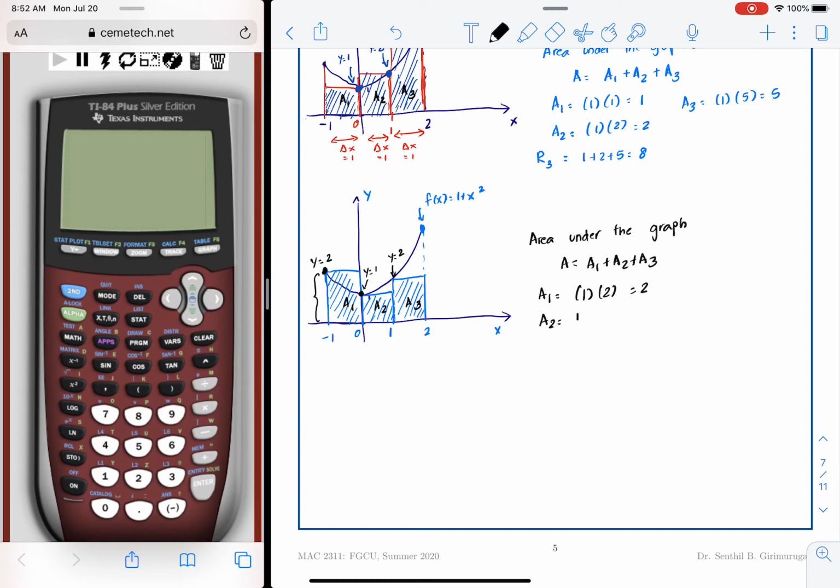A2 would be equal to 1 times 1. We'll get 1. And A3 would be 1 times 2. We'll get 2. So I'll call this L3 because we are looking at the left endpoints. So we'd have 2 plus 1 plus 2. You get 5.